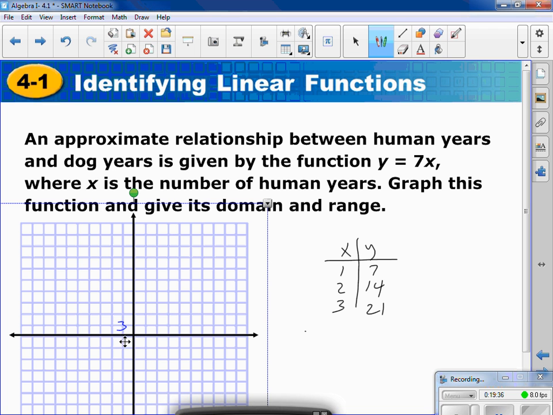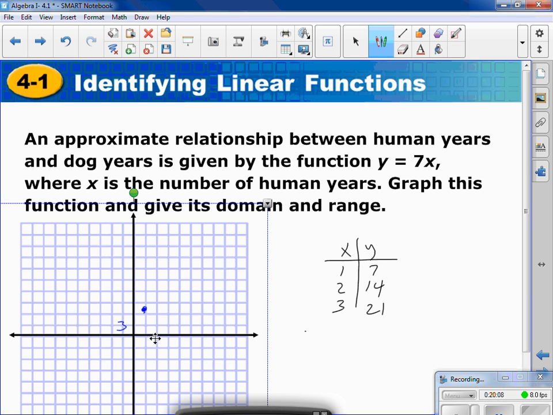At 1, it's 7. How many lines do I need? I do not need 7 lines. I need, let's see, 3, 6, and a little bit. 2 is 14. How many lines do I need? How many times does 3 go into 14?